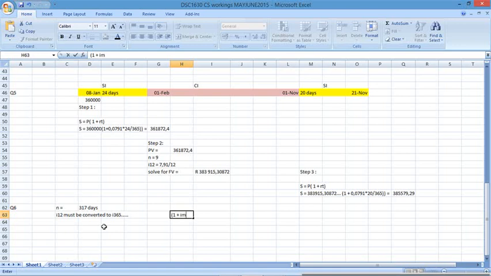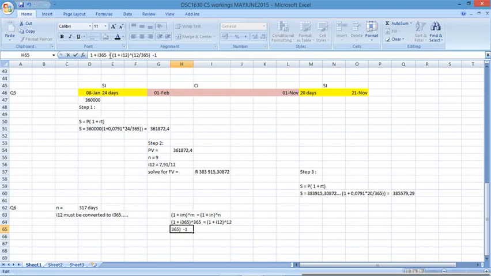Right, I'll write down the equation: (1 + Im) to the m equals (1 + In) to the n. Okay, what am I looking for? I'm looking for I365. What did I have in the question? I12. Okay, so if I get rid of this bracket, I'm going to divide the exponent by 365.